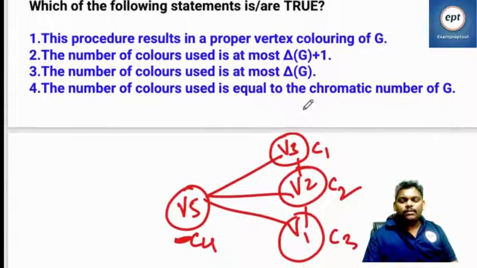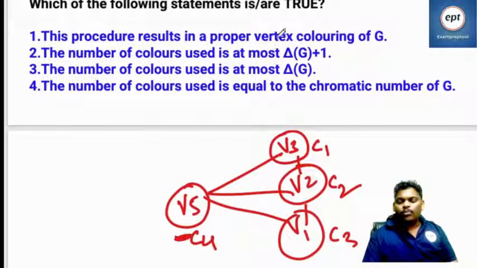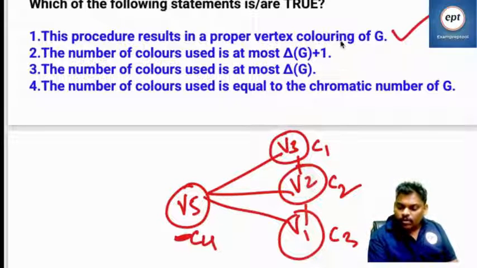Now he is saying that this procedure results in proper vertex coloring of G. Yes, perfect. No problem. The number of colors used is at most delta G plus 1.